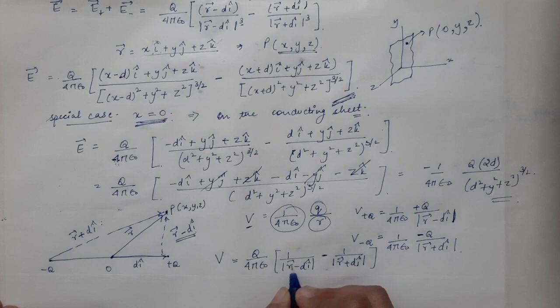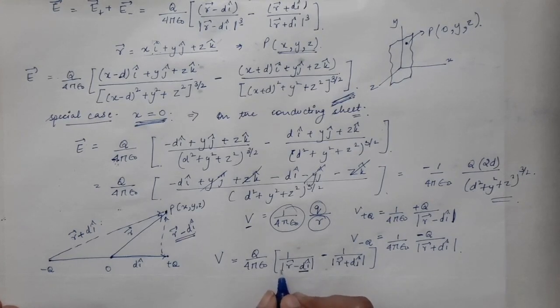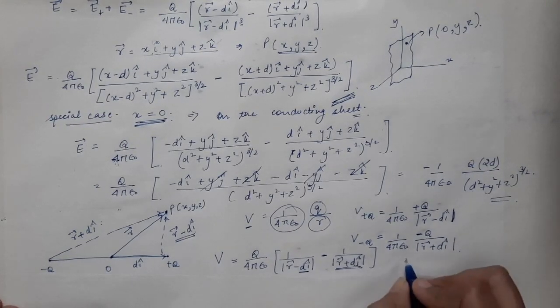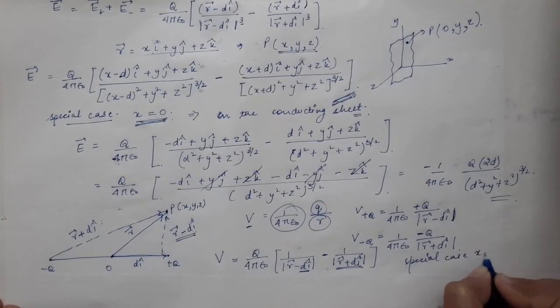You will just insert r vector as x i cap plus y j cap plus z k cap, then you will club this minus d i cap with x i cap, and then you will find the magnitude. Similarly you will find the magnitude in the second case, and then you will do the special case in which x is equal to 0.